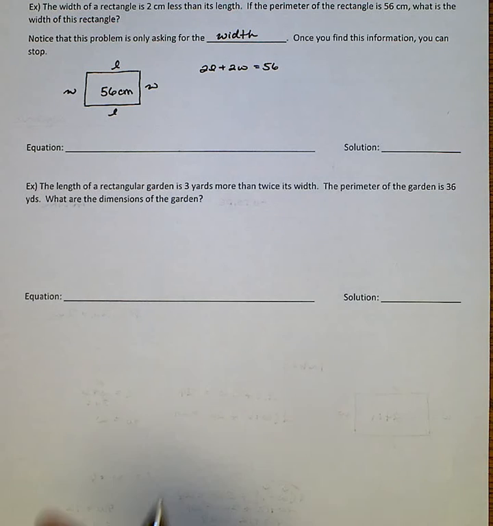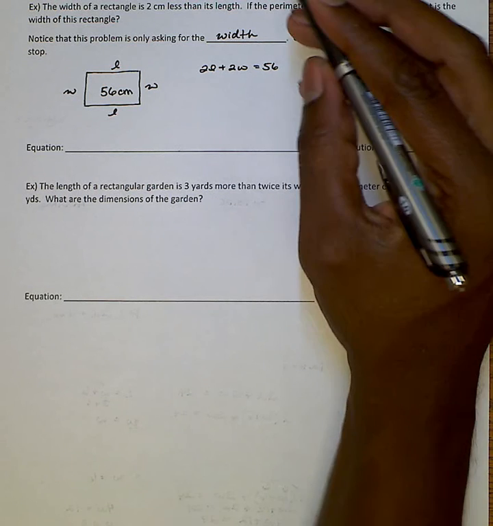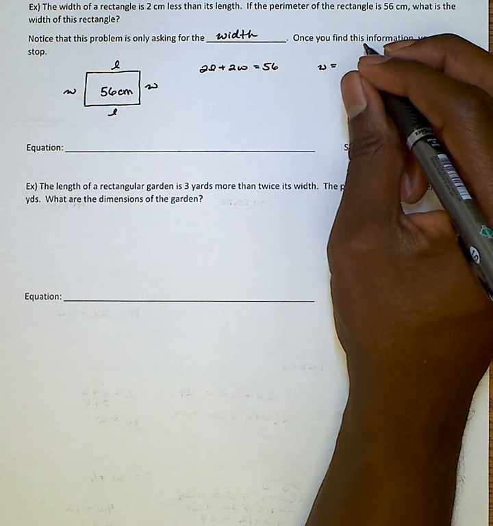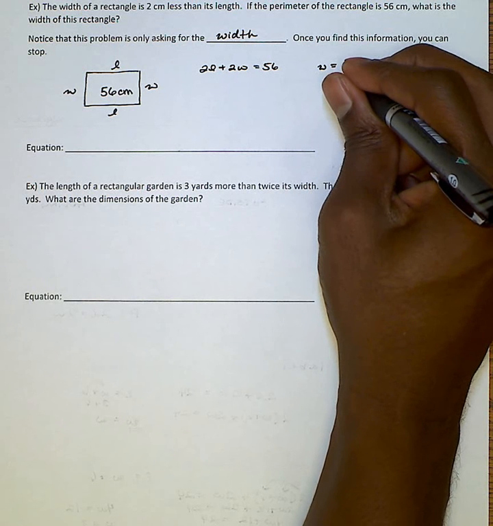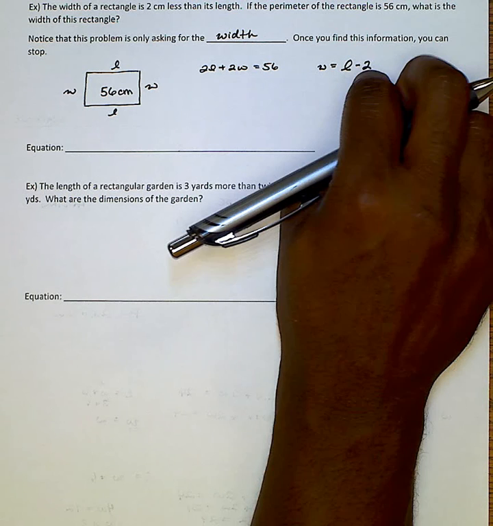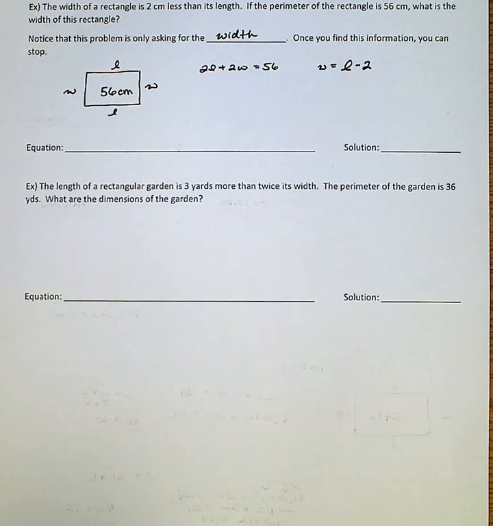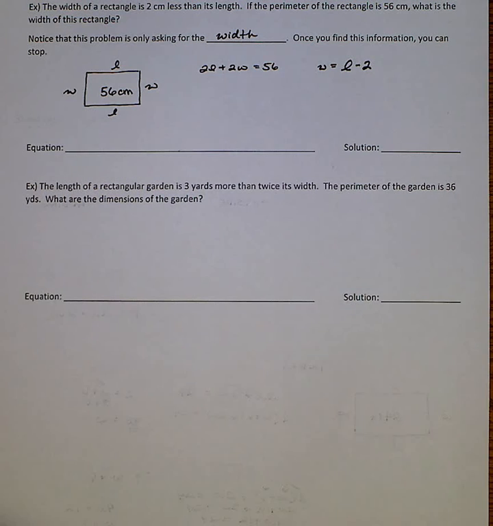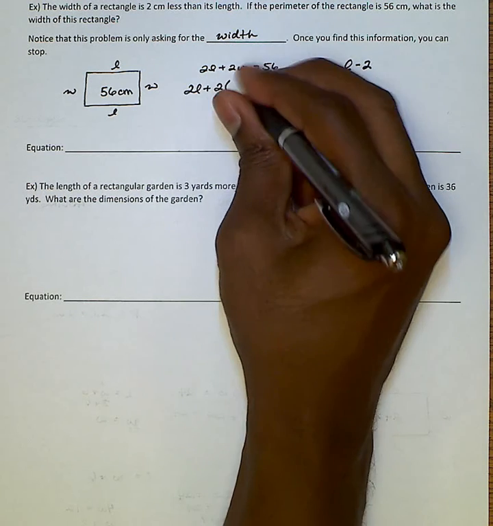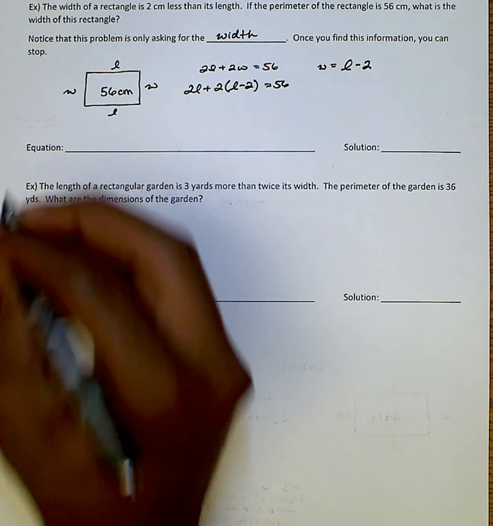But since they gave us that the width, W, is 2 centimeters less than its length, I can write that as L minus 2. Now I can rewrite this equation: 2L plus 2, and instead of using W, I'm going to use L minus 2, equals 56. That's my equation.